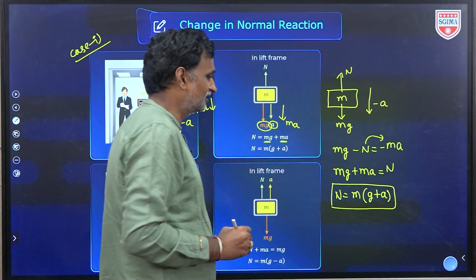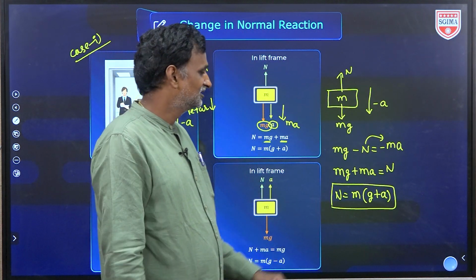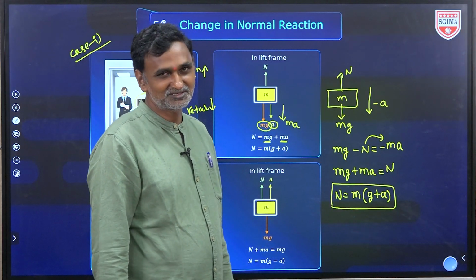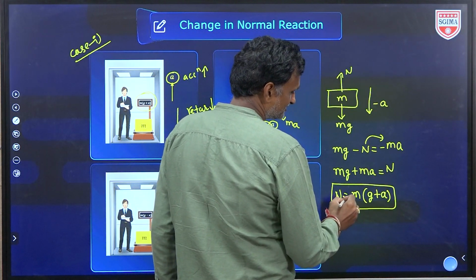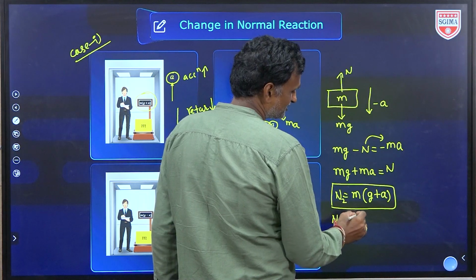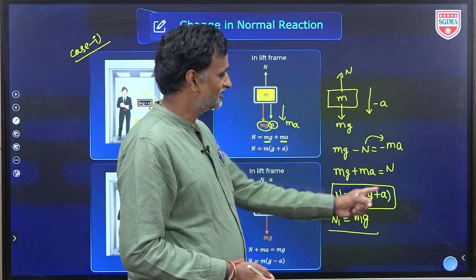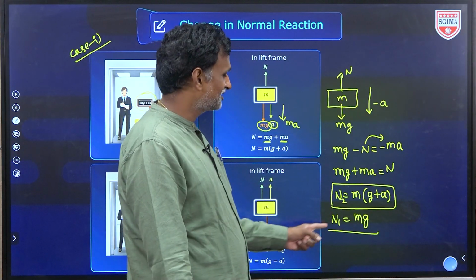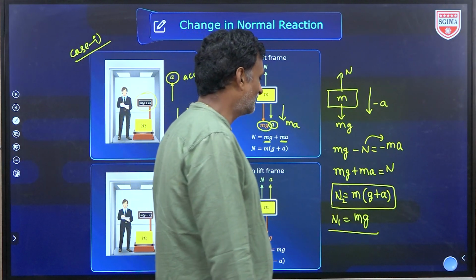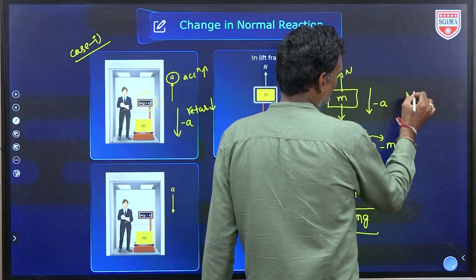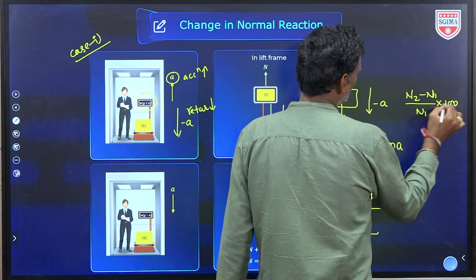Now let us consider what fraction of the weight force increased between when it is accelerated and when it is at rest. We need to find the fractional change. Suppose this is N2, and whenever the acceleration of the lift is 0, N1 equals mg. Generally N2 is greater than N1. So the fractional change is (N2 minus N1) by N1 into 100.